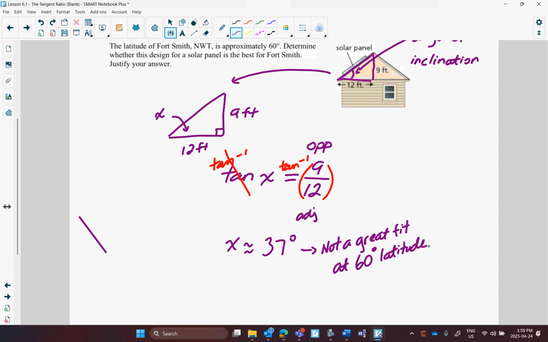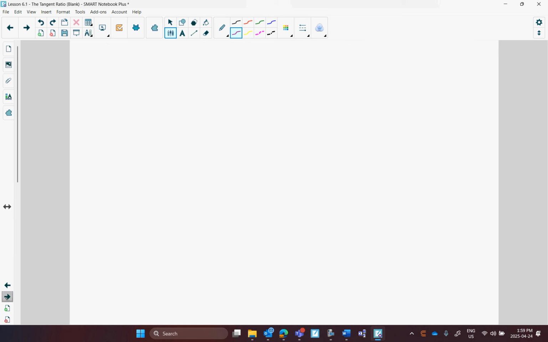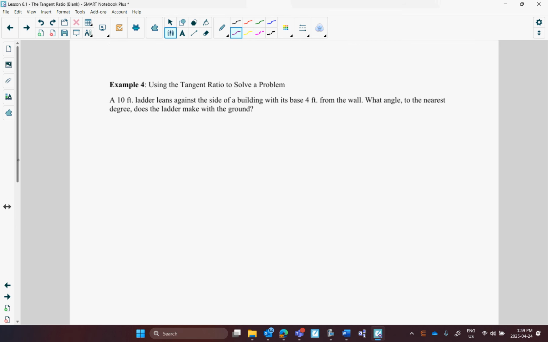One more question. This one we're going to have to draw. I'm a lousy drawer, but I think I'm able to draw a wall and the ground and a ladder, which is what you're asked to do. A 10-foot ladder leans against the side of a building with the bottom of the ladder, its base, 4 feet from the wall.